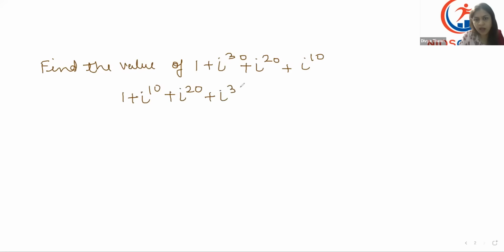Now how do I find the value for such a question? Here I know two values: iota square is equal to -1 and iota raised to power 4 is equal to 1. Then I have to convert all these values either into the form of iota raised to power 2 or iota raised to power 4.